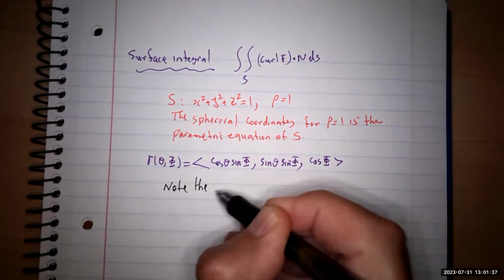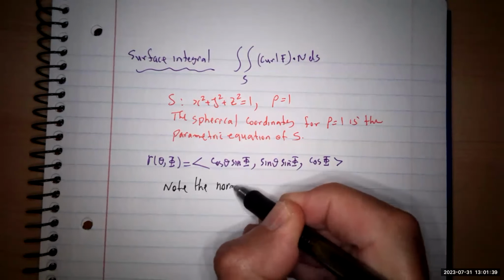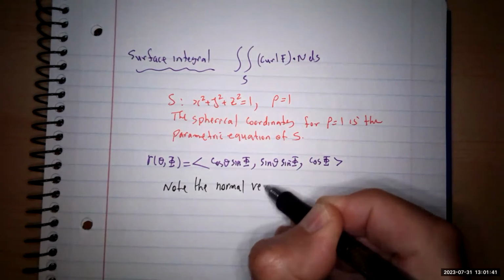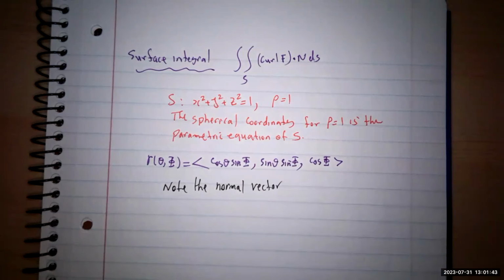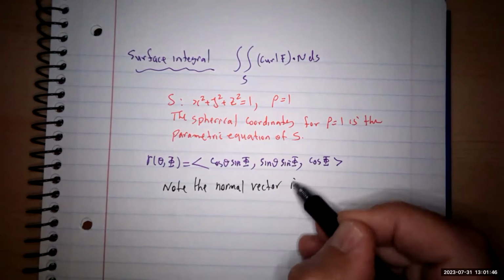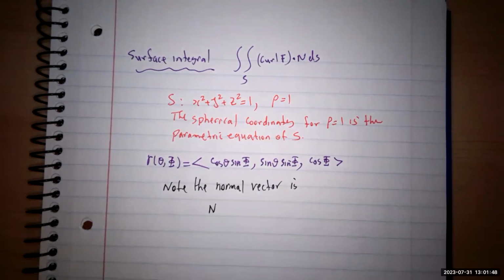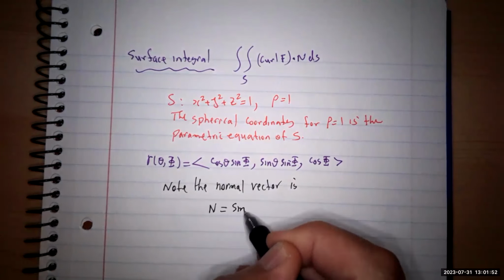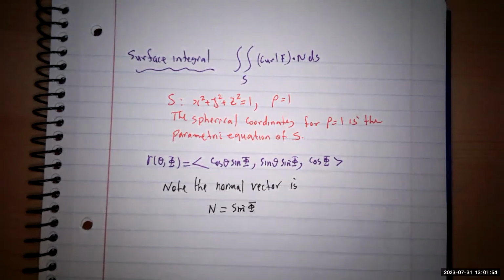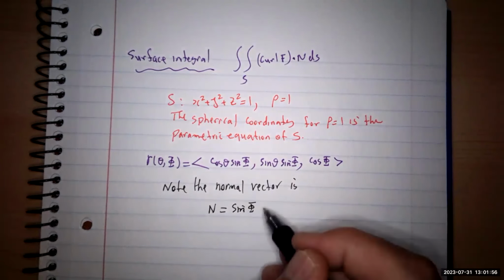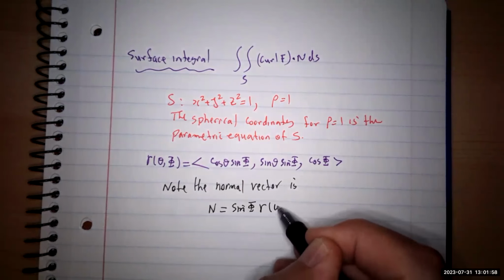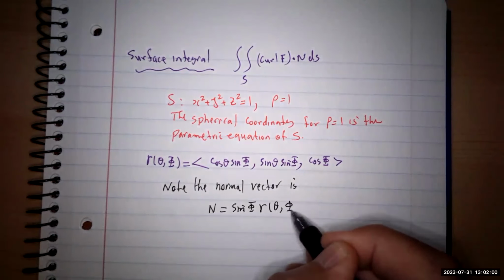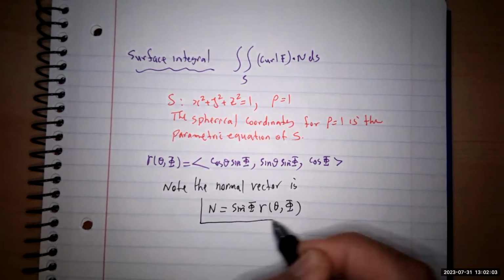Note that the normal vector in the case of the sphere is this. Your normal vector, I gave you this one. It's sine of phi times r of theta and phi, the one that I proved.